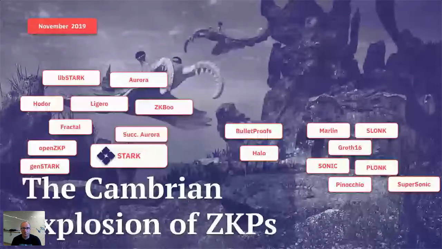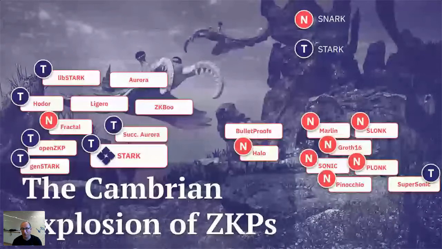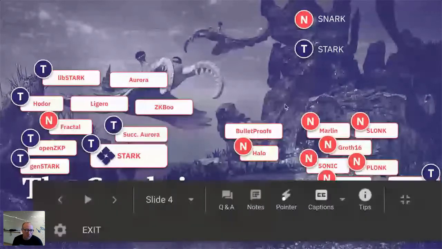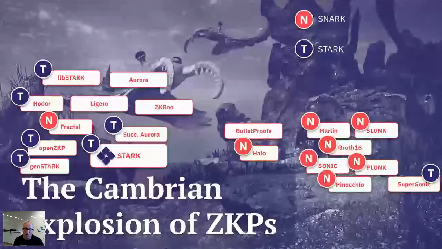One thing I want to clarify up front is which of them are STARKs, which of them are SNARKs, what's the relation between the different kinds, and what do we mean when we say a STARK is a SNARK, or vice versa? I think there's some confusion out there, and I want to address this first.